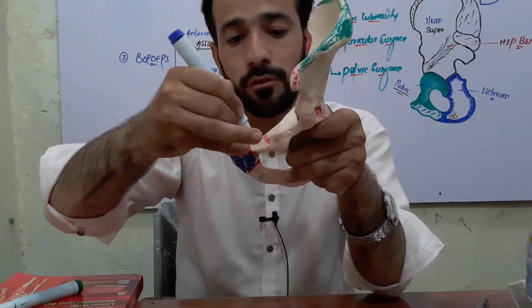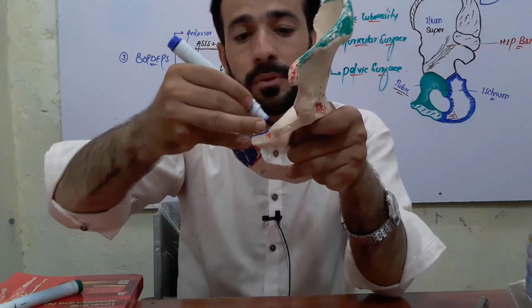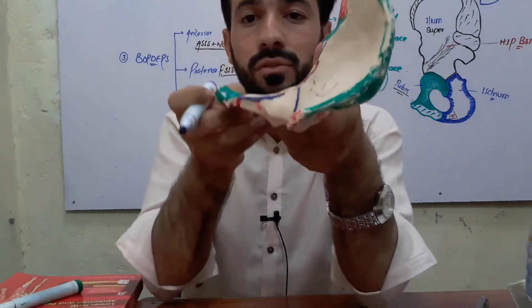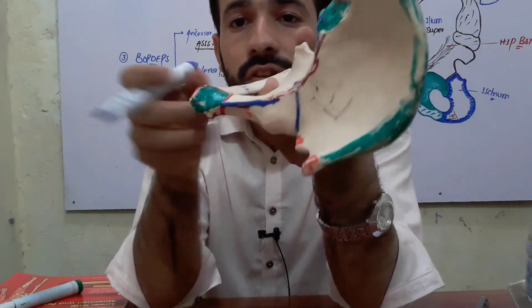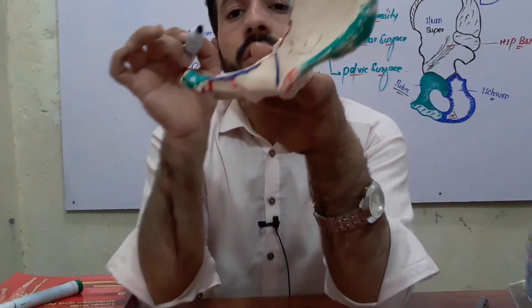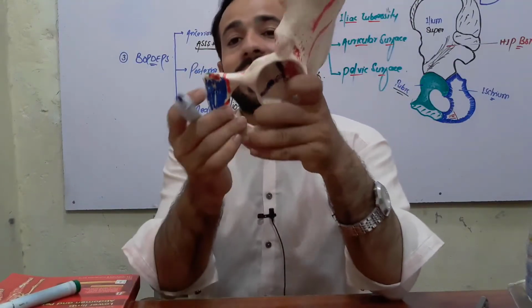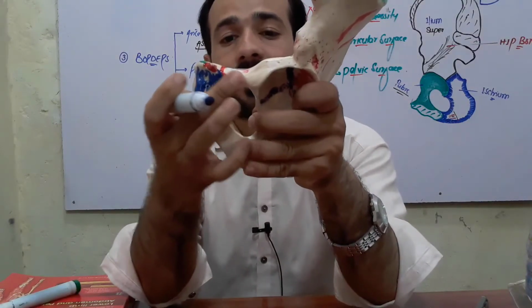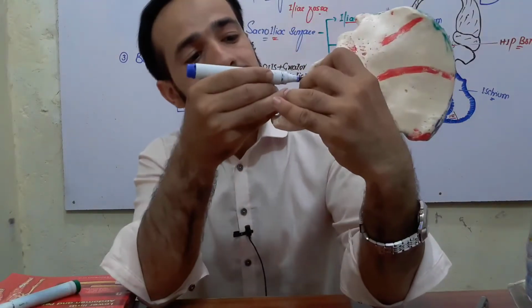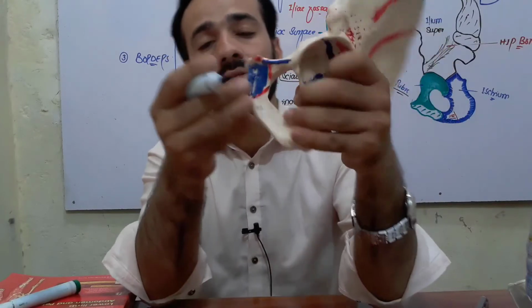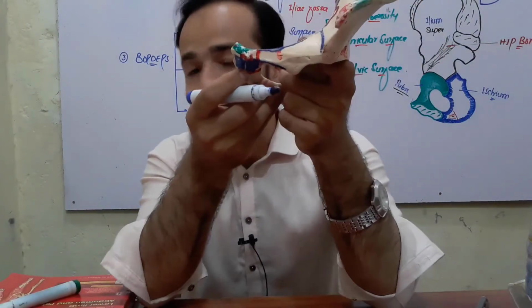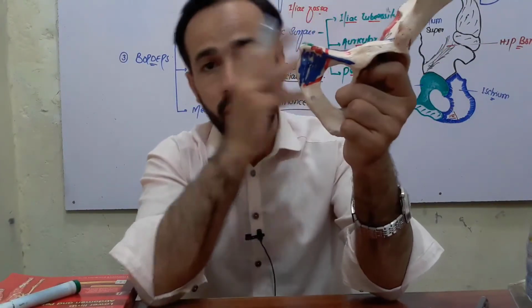This superior border, as we have written there, is also known as the pectinal line. Then there was the anterior border, this one, which is also known as the obturator crest. We have written that there in the theory.